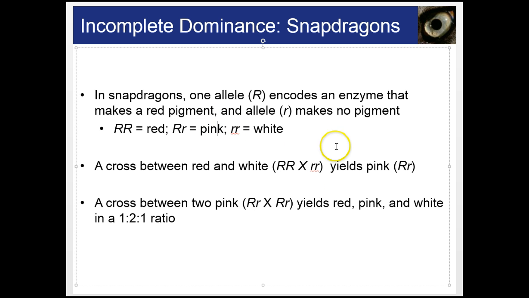So I've seen these problems done different ways. It looks like your book still likes to use the capital and the lowercase, but keep in mind, in these problems of incomplete dominance or codominance, the little r does not mean recessiveness. In this case, when we cross a big R little r with a big R little r, we get a 1 to 2 to 1 ratio.